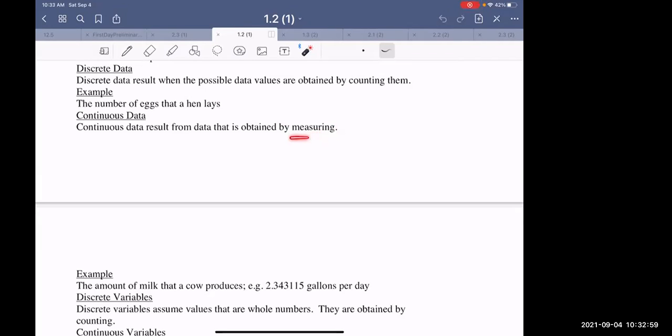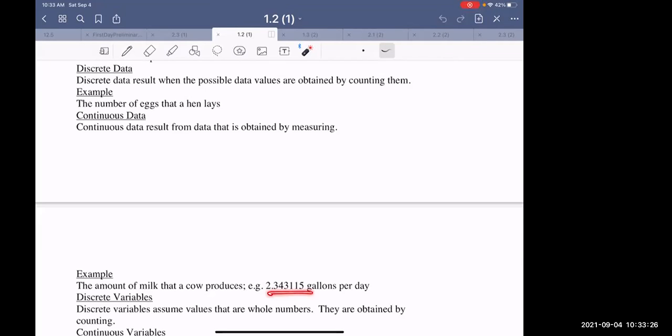Your instrument in this case is, I don't know, this gallon jug, to tell me how many gallons of milk this particular cow produces.